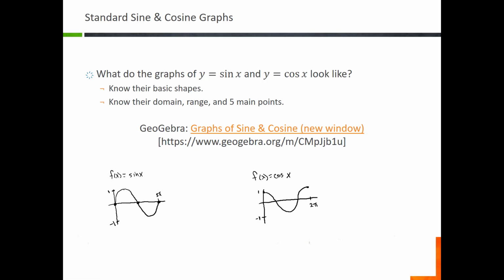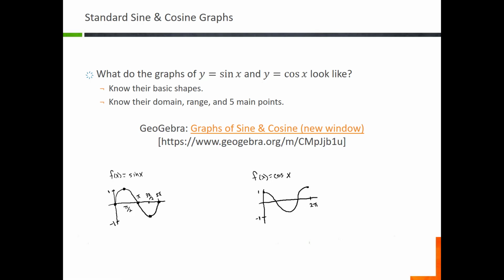Well, one is up here at the maximum, and then the other is at the minimum. Okay? These are all evenly spaced, so if we're going from 0 to 2 pi, the middle happens at pi, the maximum happens at half of that, so pi over 2, and then the minimum happens at 3 pi over 2.